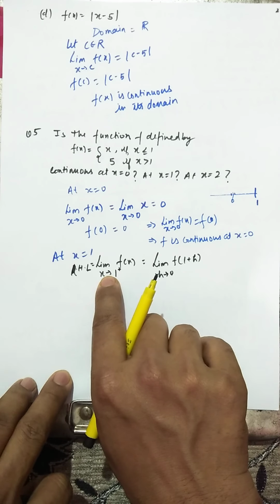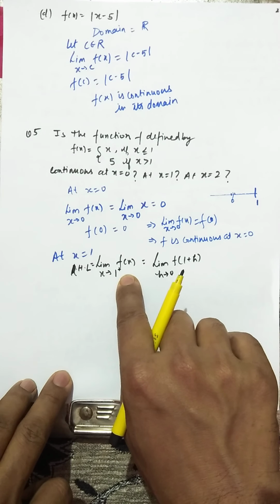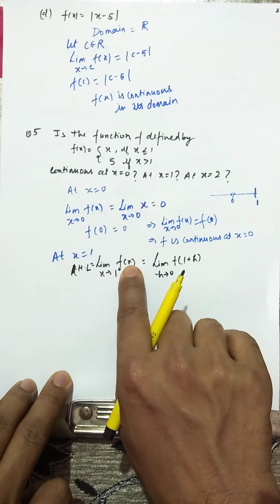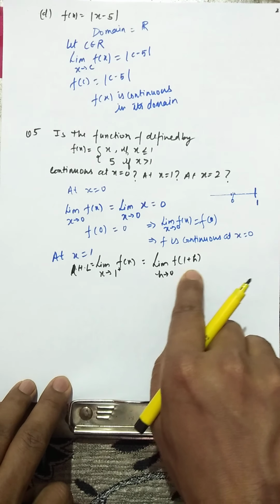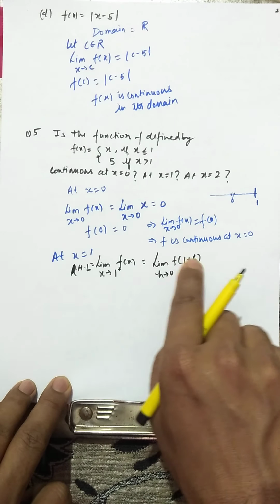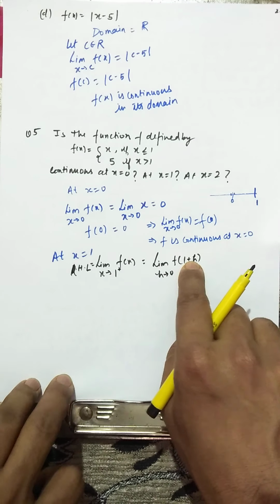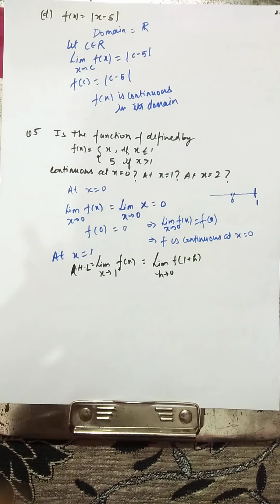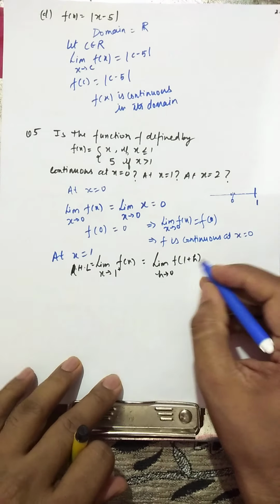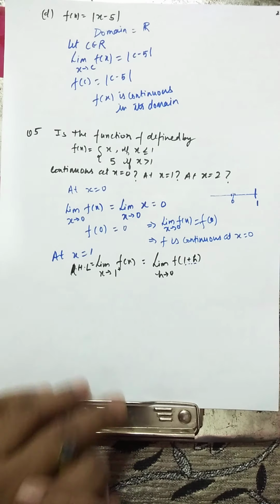So x tends to 1 plus means that we are going for right hand limit at x equal to 1, f(x). The formula of writing this is limit h tends to 0, f(1 plus h). As we have discussed in detail in class 11th, 1 plus h is now your x for the time being.